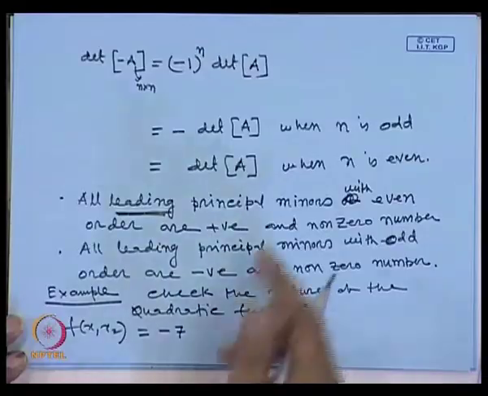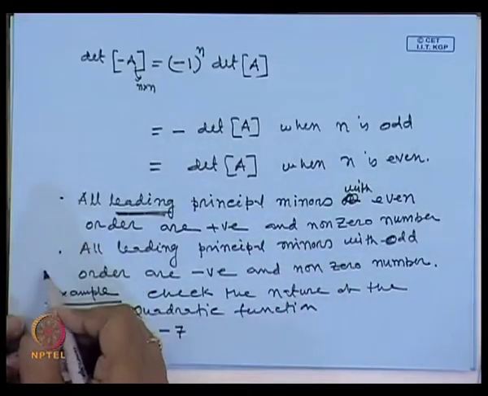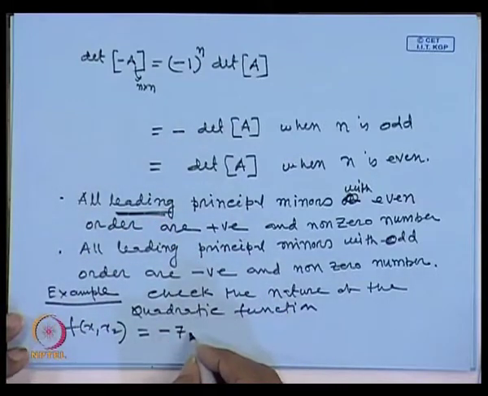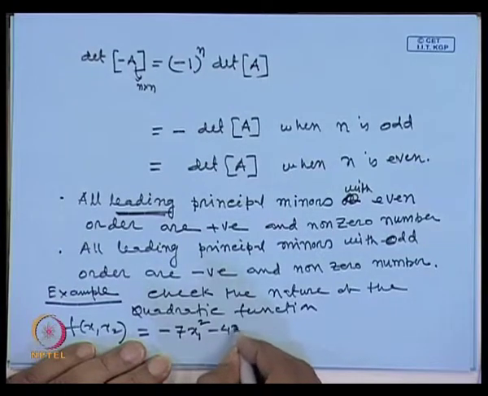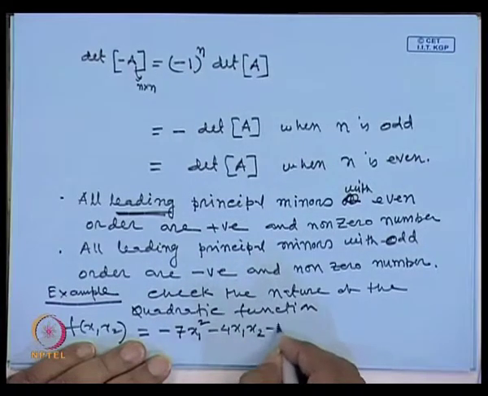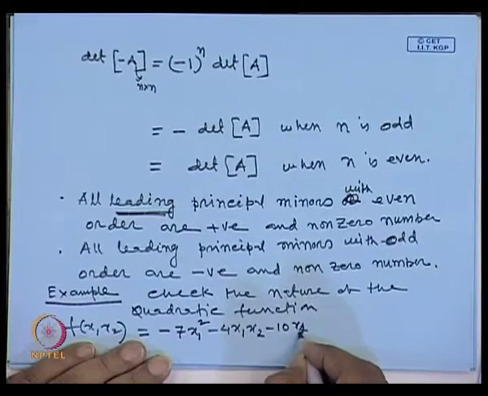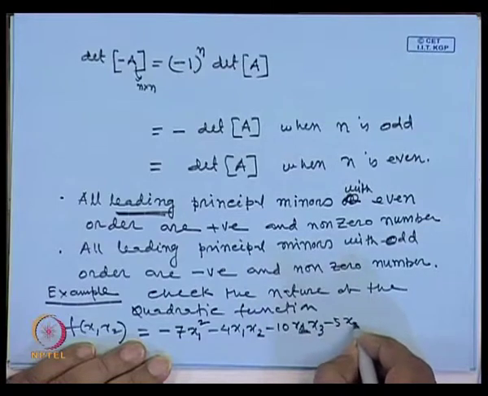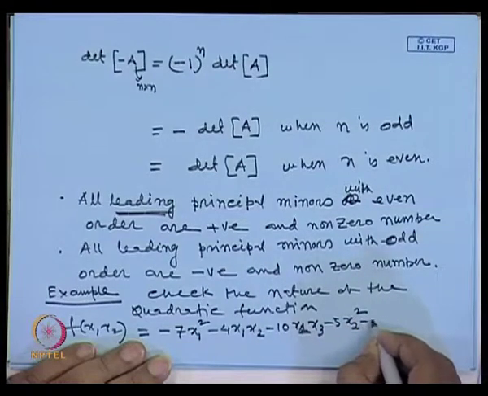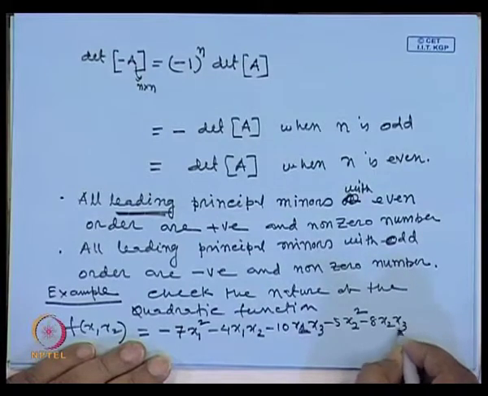Now, how to test that the given quadratic function is a negative definite function? By the steps we have mentioned, you can check it. I have written this one: x1 squared times 7, minus 4 x1 x2, minus 10 x1 x3, then minus 5 x2 squared, minus 8 x2 x3, minus 9 x3 squared.